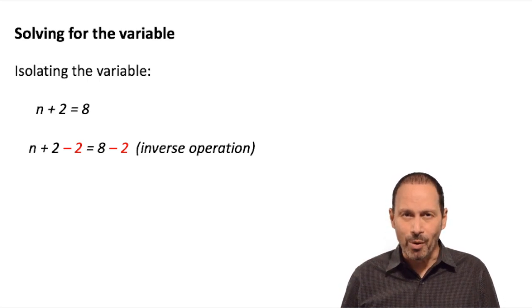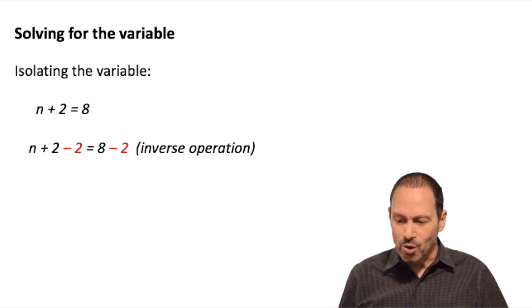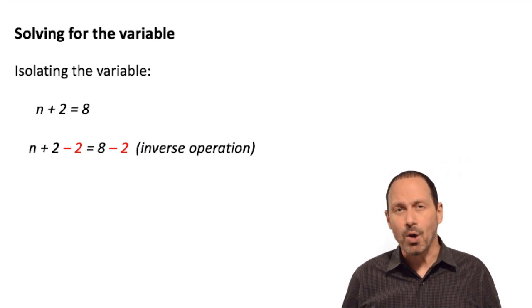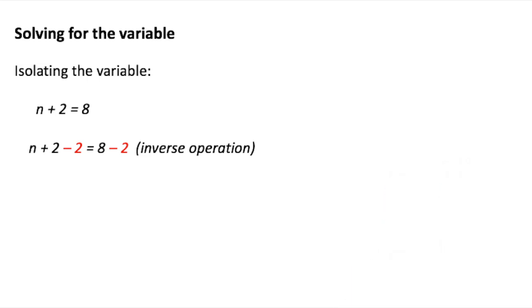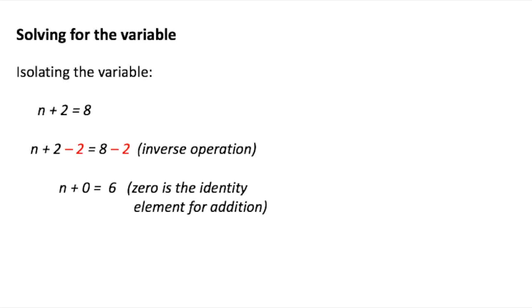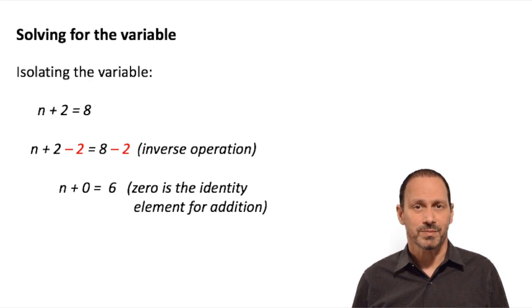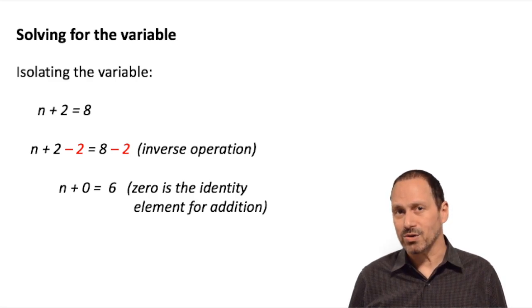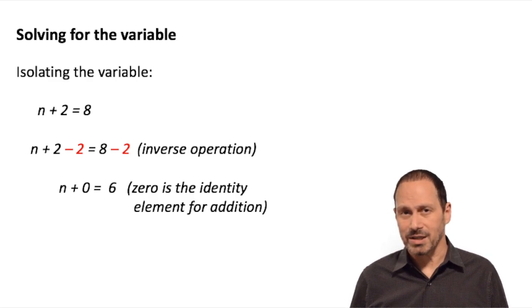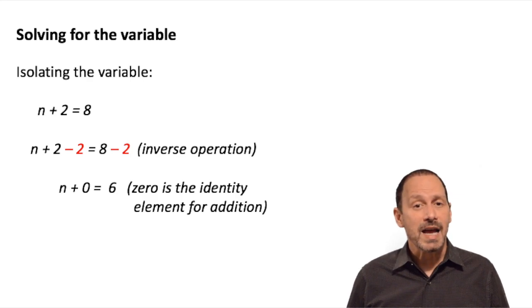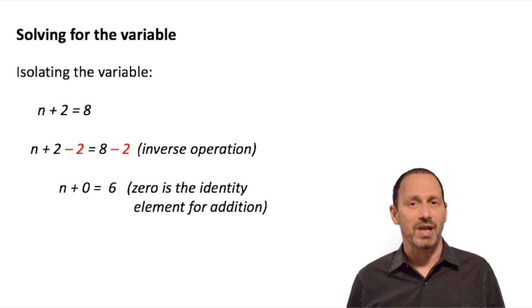We need to do it on both sides of the equation, again, to preserve the equality. If we subtract 2 from both sides, 2 minus 2 equals 0, and 8 minus 2 equals 6. So we get n plus 0 equals 6.